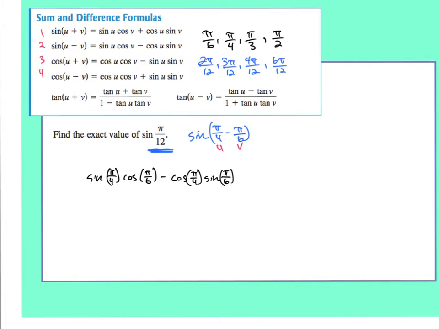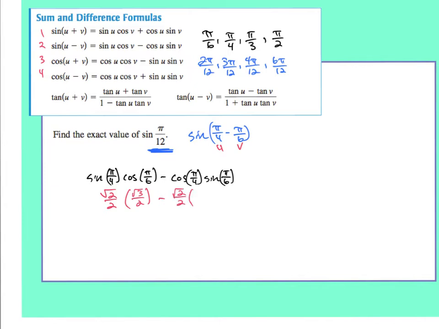Now we know those are on our unit circle, so we're ready to go. What is the sine of pi over 4? Square root 2 over 2. And what's the cosine of pi over 6? Square root 3 over 2. Minus, what's the cosine of pi over 4? Square root 2 over 2.